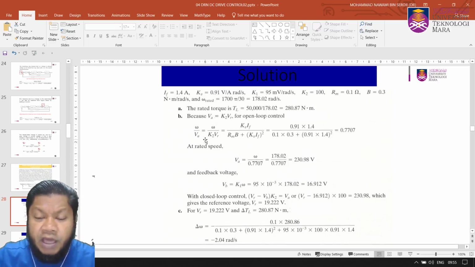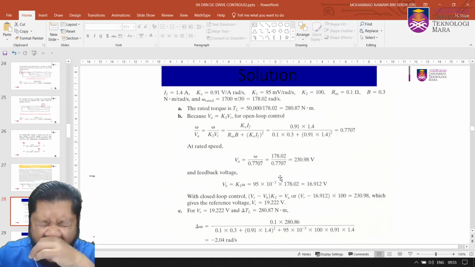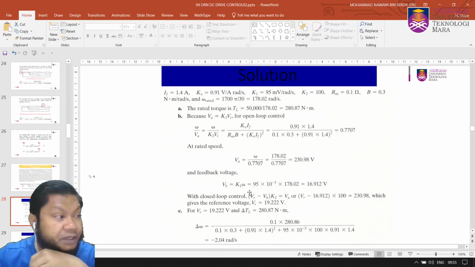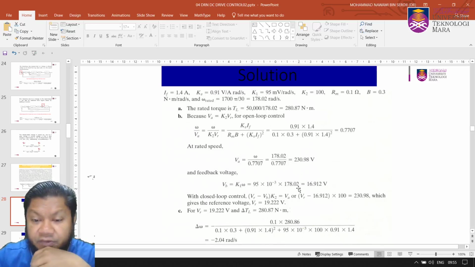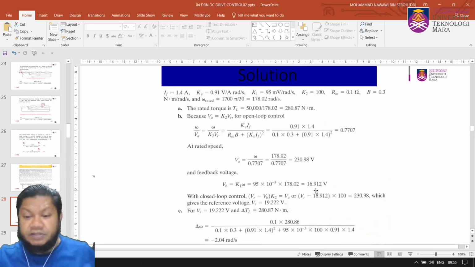Is there anything given that shows whether it follows a DC motor? Nothing is mentioned, but here we have VA equals K2 VR for open loop control. At rated speed, the feedback voltage VB equals K1 omega, 95 times 10 to the power minus 3, so that gives you 16.1.